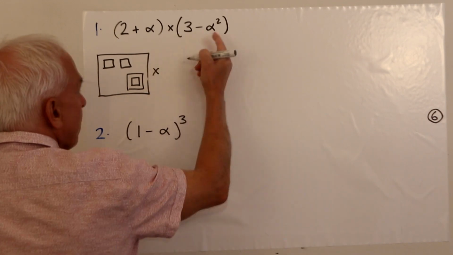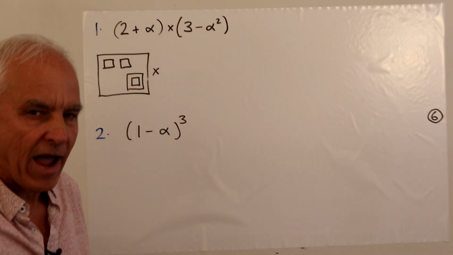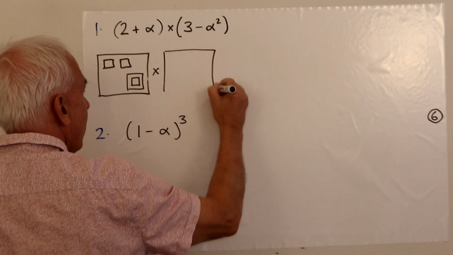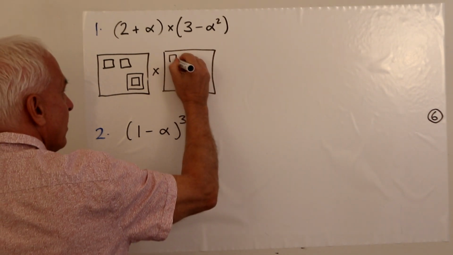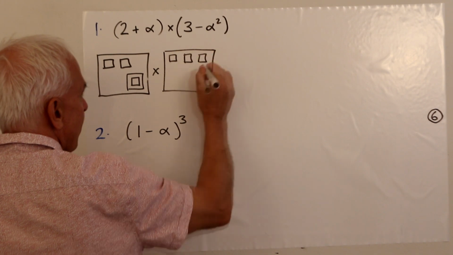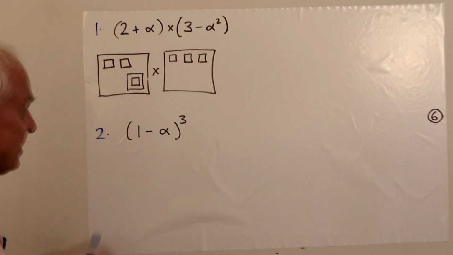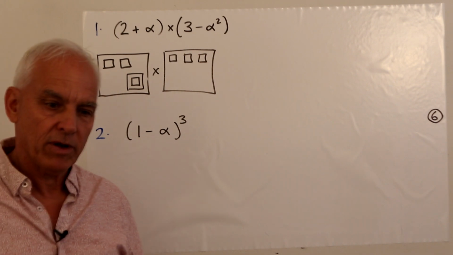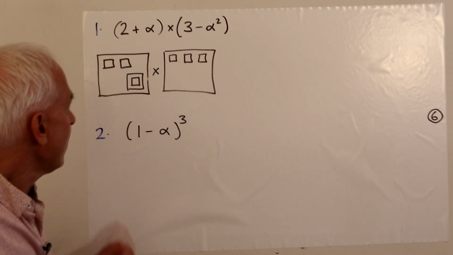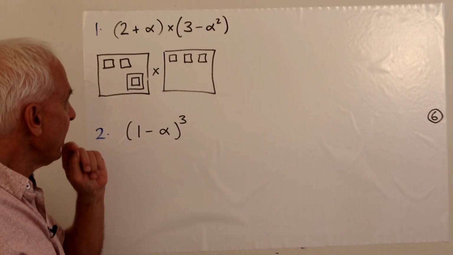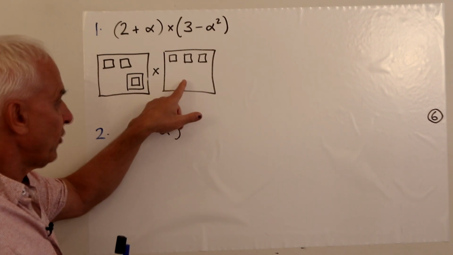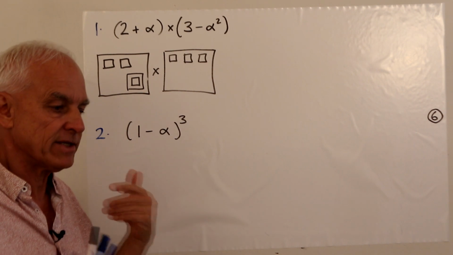And now we're multiplying it by 3 minus alpha squared. What does that look like? Well, that's also a box, and it has a 3 in it. So it's the 3 zeros in there, that makes the 3. And then there's a minus alpha squared. What does that look like? Well, an alpha squared would be like when you had a box here with 2 empty boxes inside.